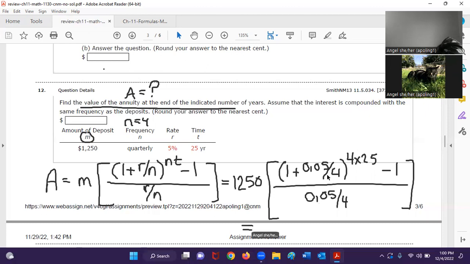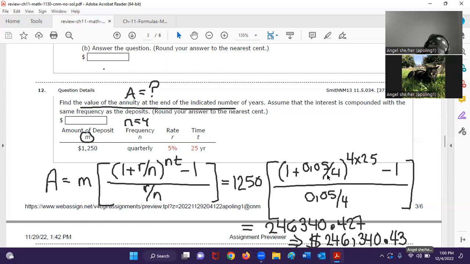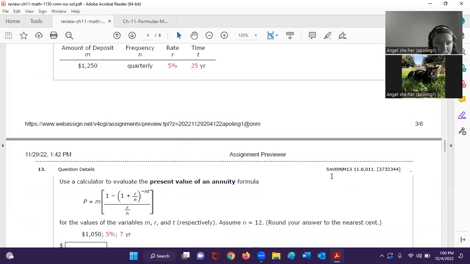This spits out 246,340.427. So we have here $246,340.43. So in the future, 25 years of putting $1,250 in 4 times a year, we have this much money at the end.